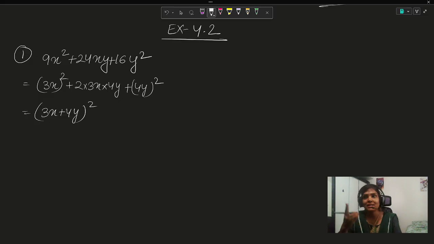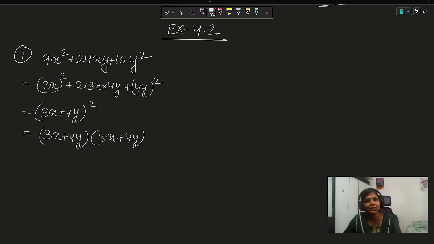This is the RHS part, already we wrote a square plus 2ab plus b square. We know this is the formula of a plus b whole square. So the factorization is 3x plus 4y and 3x plus 4y. Because it is a square, it means you can write it 2 times. And this is the answer of question number 1, first part.